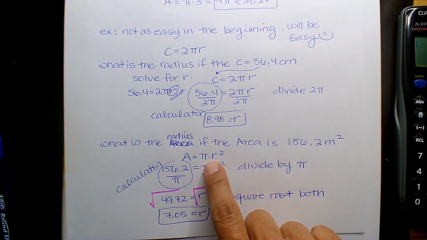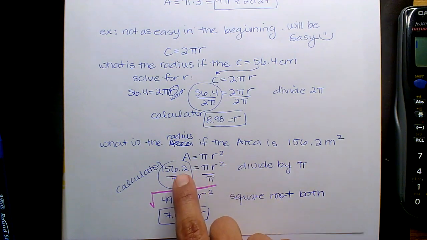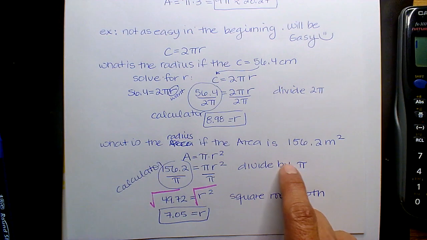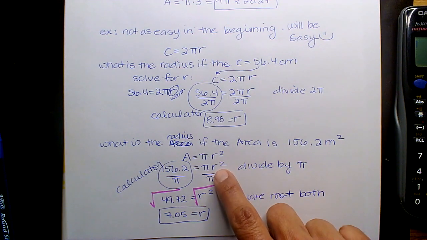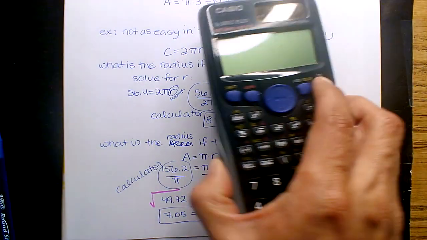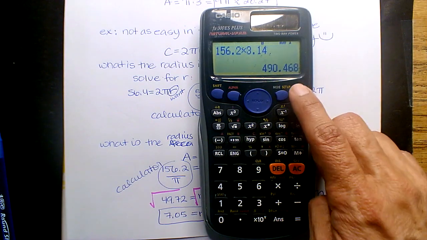Okay, so if the formula is pi r squared, take that 156.2, substitute it, and now what are you going to divide by? Pi. Right, because you're trying to isolate r squared. You're looking for r. So divide by pi. So what is 156.2 divided by 3.14?